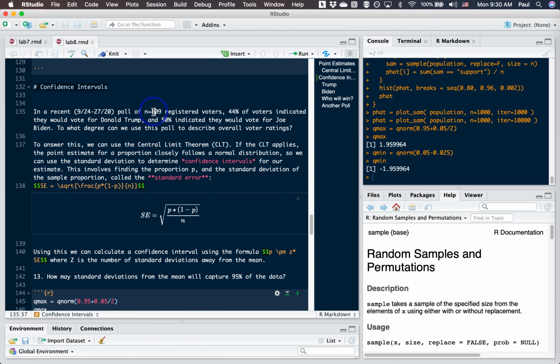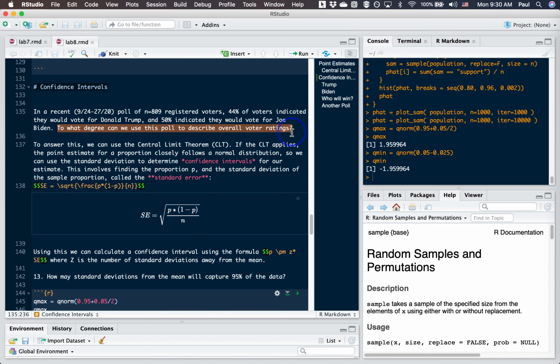So this provides some evidence of how people will vote in the upcoming election. But no, it's not the whole voting population. 809 is still a relatively small sample. So we have this question, to what degree can we use this poll to describe overall voter ratings?